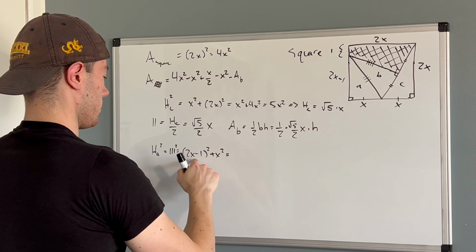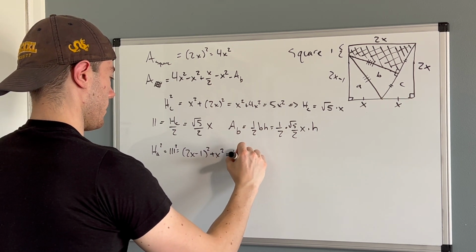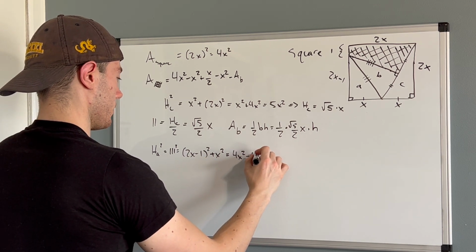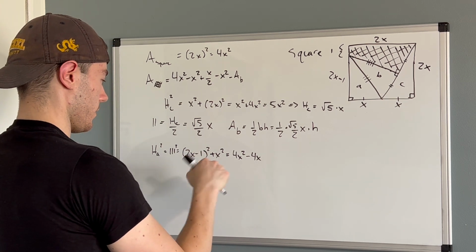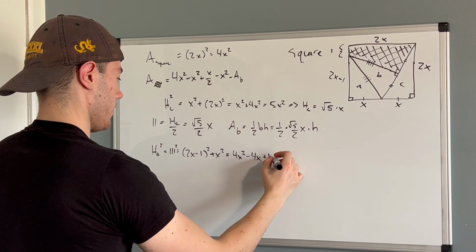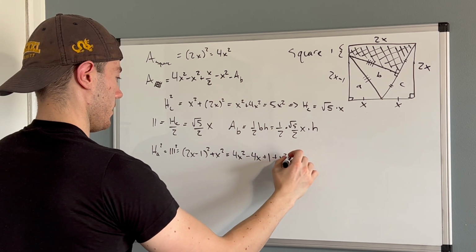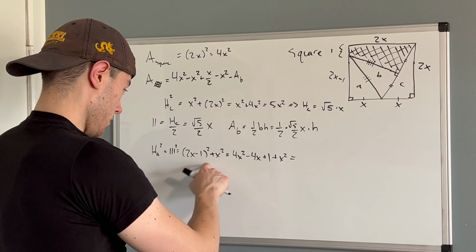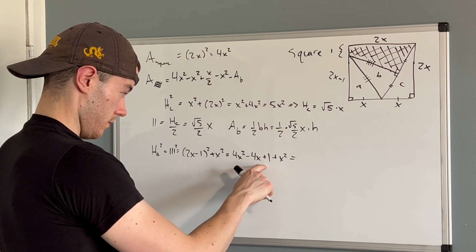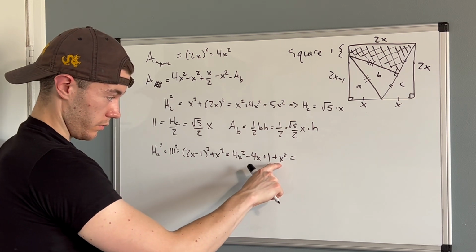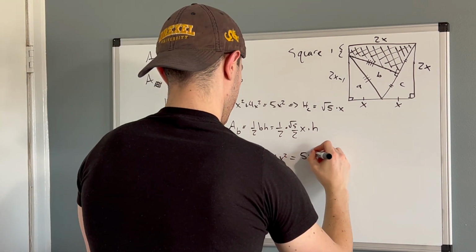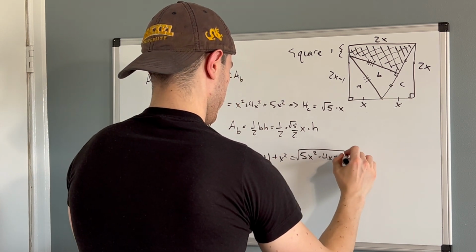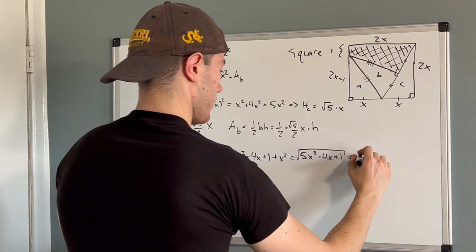And this comes out to, let's see, 4x squared minus 4x plus 1 plus x squared. And this is equal to 4x squared plus x squared is 5x squared minus 4x plus 1. The square root is 3.